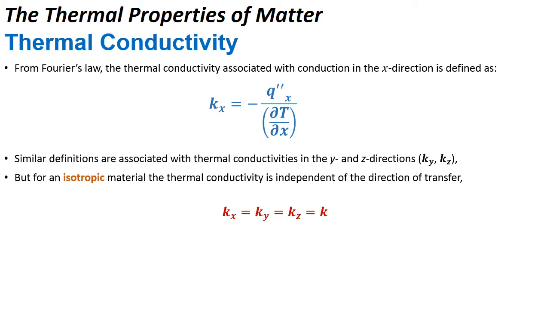So insulators are materials having low thermal conductivity, and insulators are used to reduce heat loss. Materials having high thermal conductivity are used when there's a heating requirement.